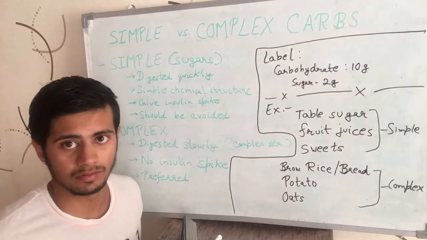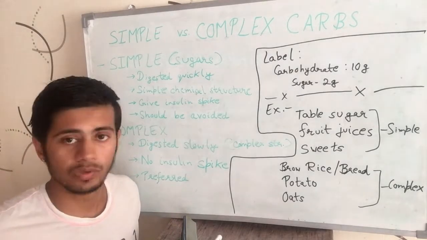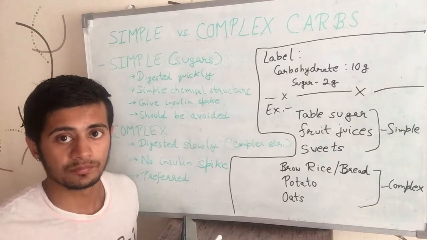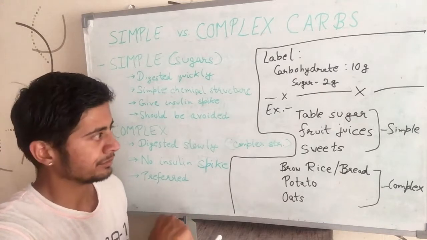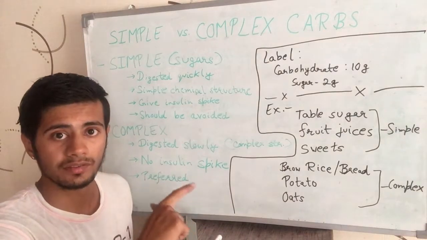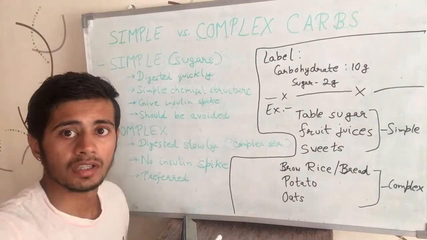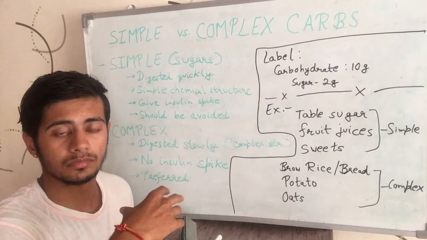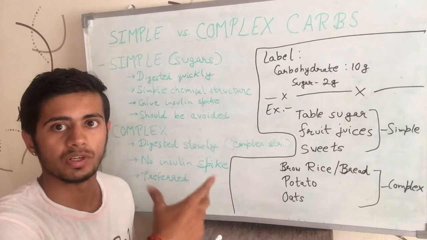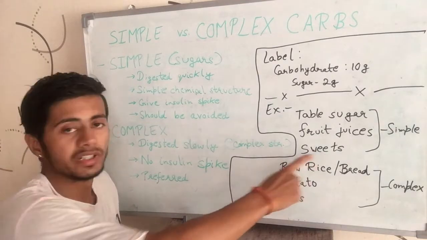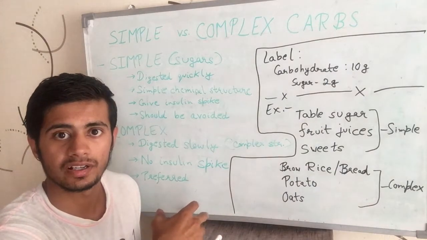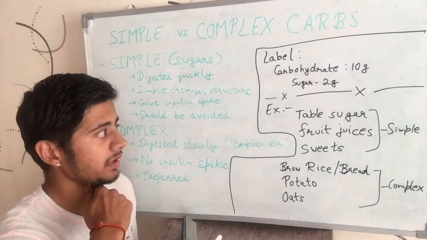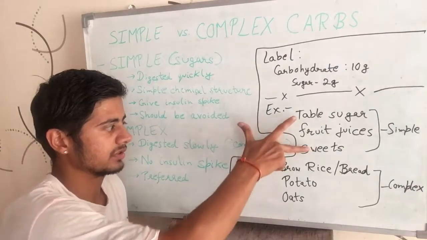If you're very conscious, then you can avoid them, and you can supplement your vitamin and mineral needs. But if you have fruit juices, have them in moderation. Do not have them in excess quantities. Now, the sweets that you eat have a lot of simple carbohydrates or sugars in them. So these are the examples of simple carbohydrates.